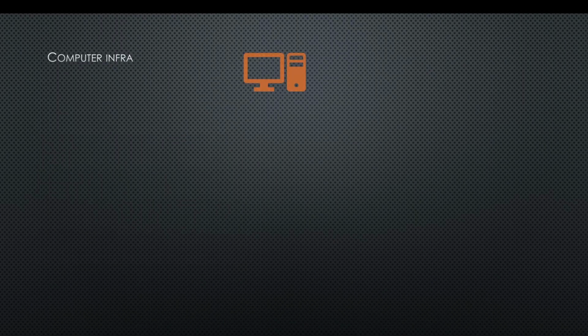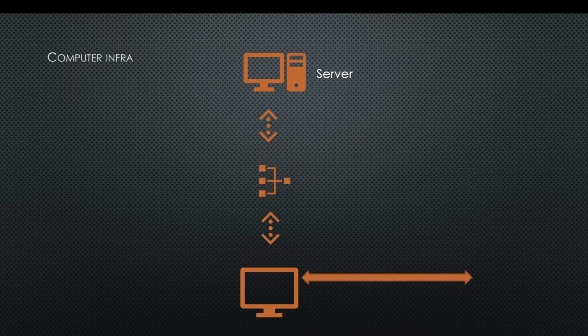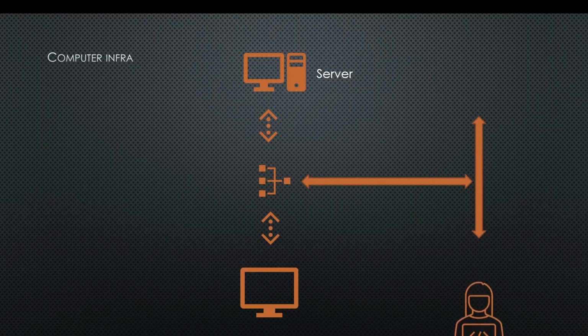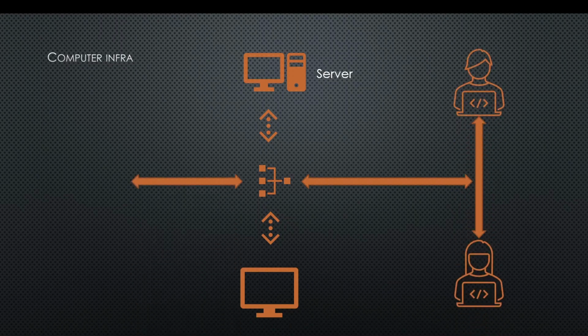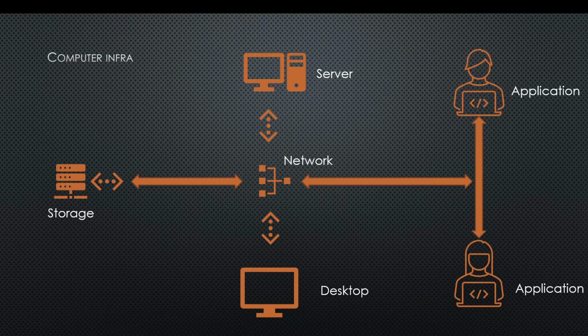All these things you are going to see. So you will have a server, and then you will have a network which will be connected to different components of the infrastructure. So you have a server, a network, a desktop, an application, and storage on this infrastructure.